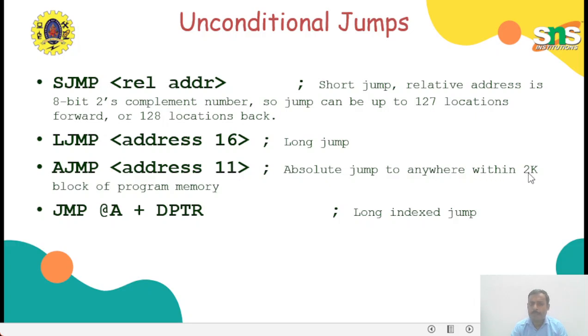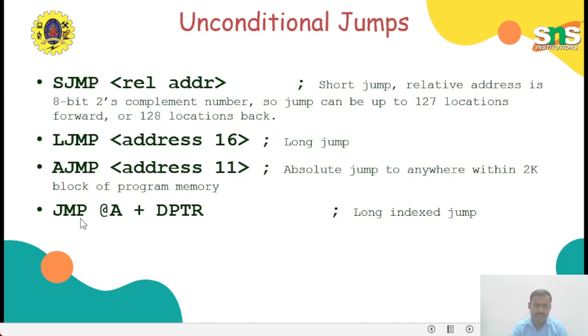That's why we can jump up to 2 kilobytes. With 8 bits, 2 power 8 is only 256. If we want 2 kilobytes, we need 2 power 11, because 2 power 9 is 512, 2 power 10 is 1 kilobyte, and 2 power 11 is 2 kilobytes. So with an 11-bit address, we can cover 2 kilobytes. The remaining bits are taken from the opcode itself. The problem is that it is possible to jump only within that page; it is not possible to jump to the next page.